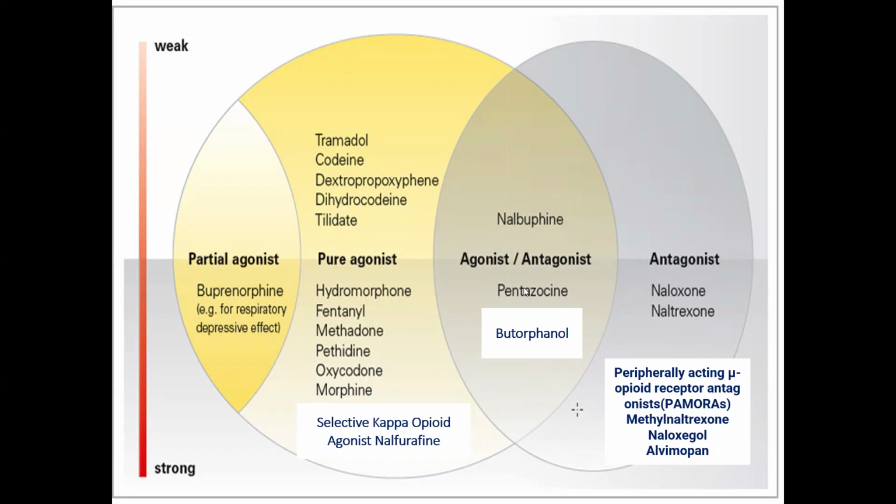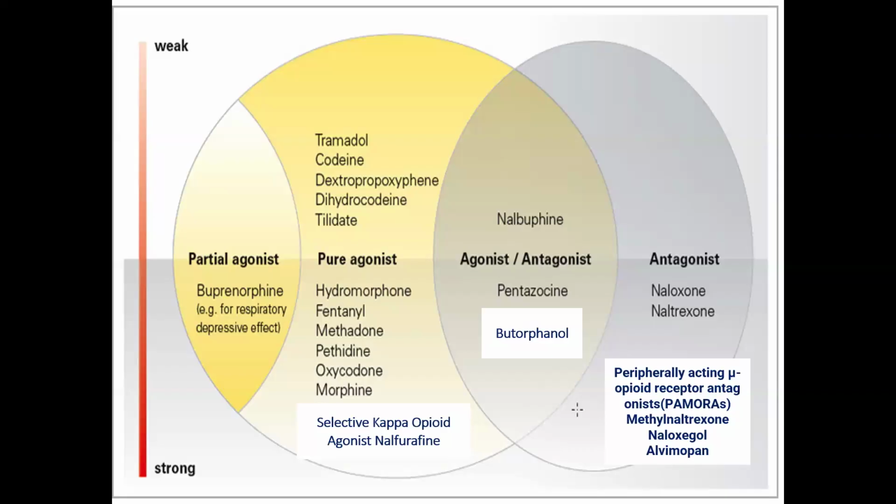Nalbuphine, pentazocine, butorphanol, which used to be called Stadol. When I was a resident like 30 years ago, we used to use butorphanol for labor analgesia. It's a great drug for labor and delivery, and it's still used in some places that don't have epidurals.